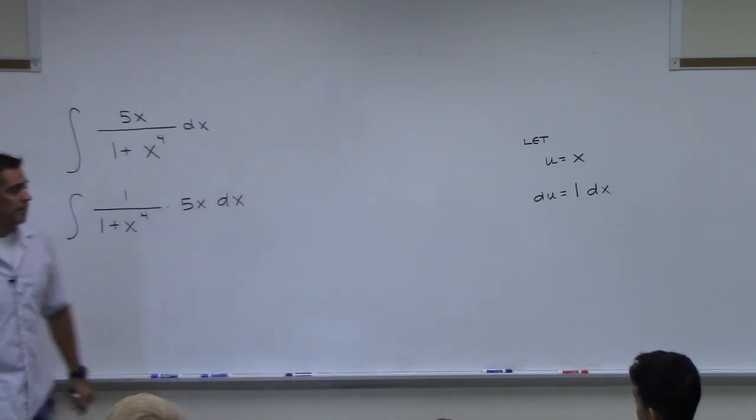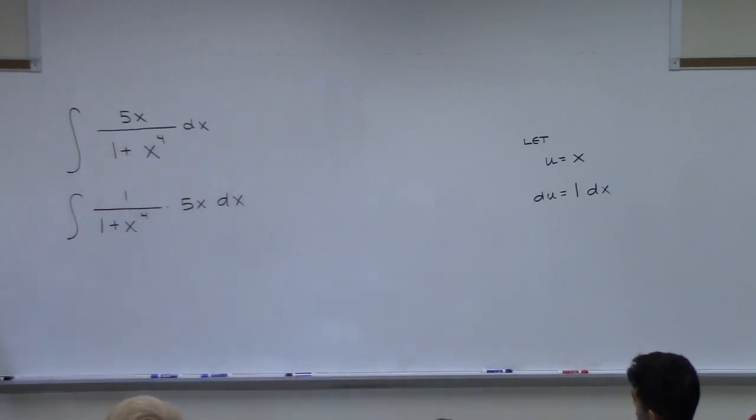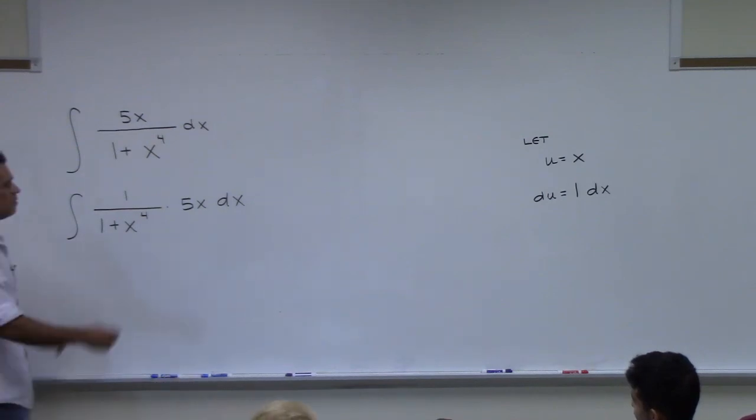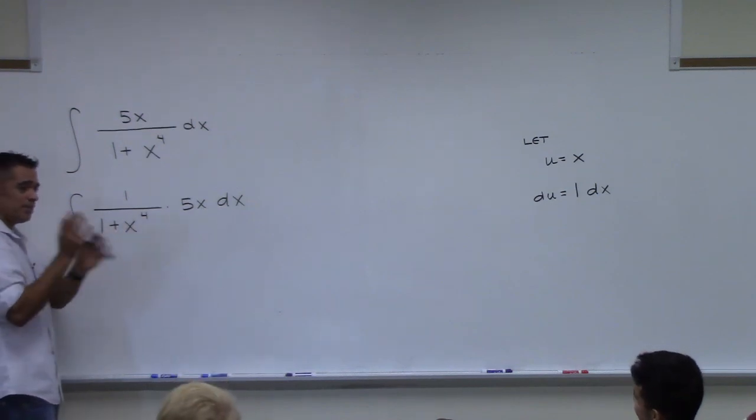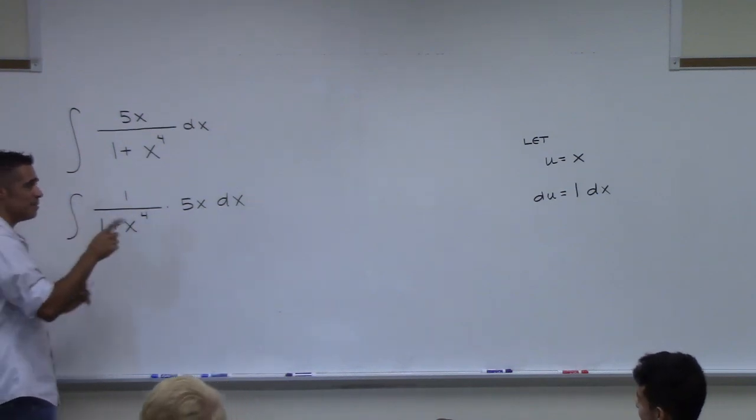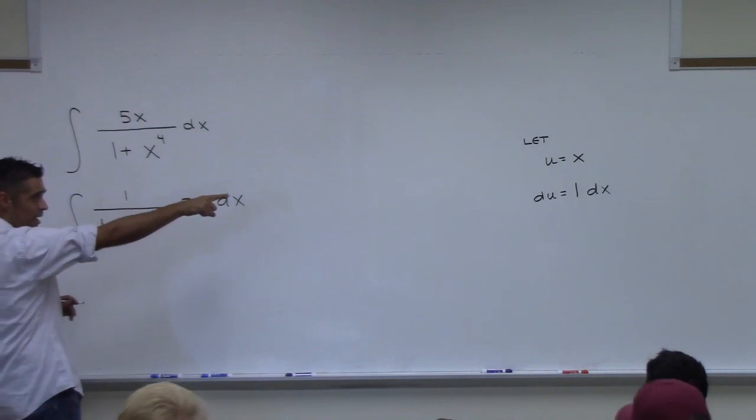Yes? Yeah. And then you have a 1 in the numerator. Okay, I agree. We have a 1 in the numerator. You want me to keep going? I'll keep going. No, because this is very important. This is good. You're going to learn something from this. So let's stick with that.